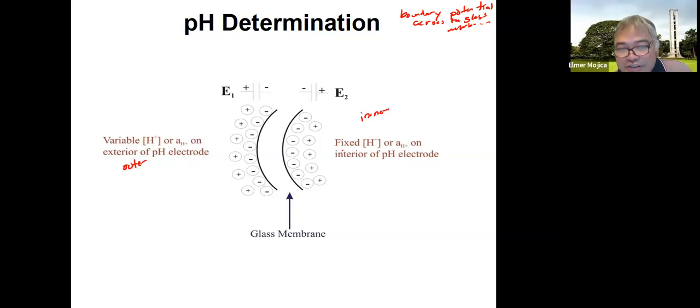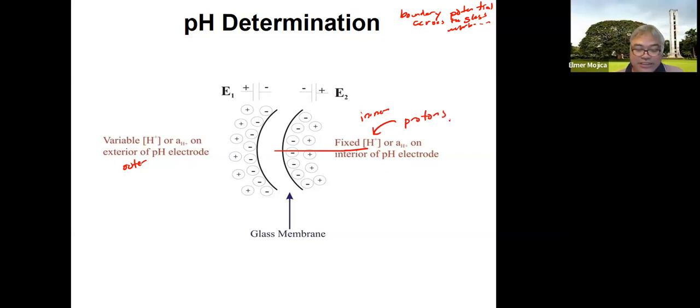In the inner one, you have a fixed or constant H+, or activity of your hydrogen ion. And outside, it depends on the analyte solution that you're measuring, so usually it is different. What is the other name for H+? A proton.